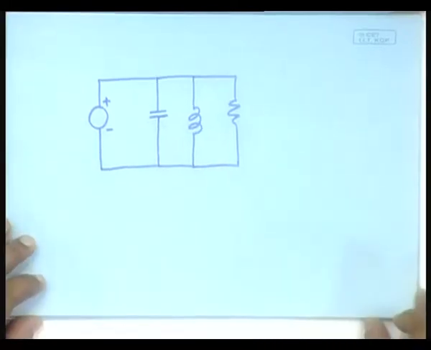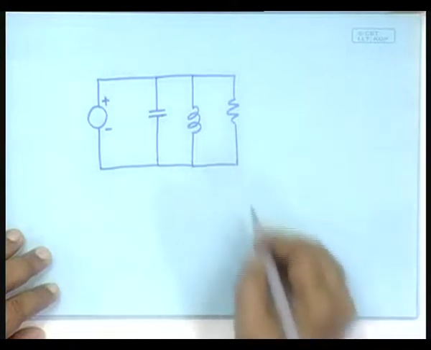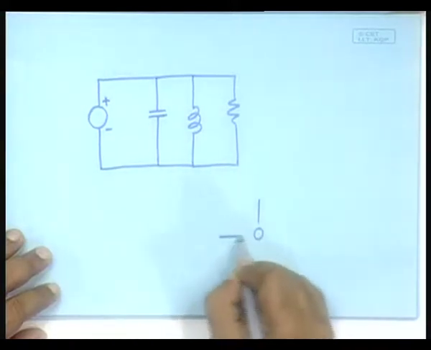Let us draw the bond graph. The bond graph would be a parallel junction. So, it is a 0 connected to 4 bonds.